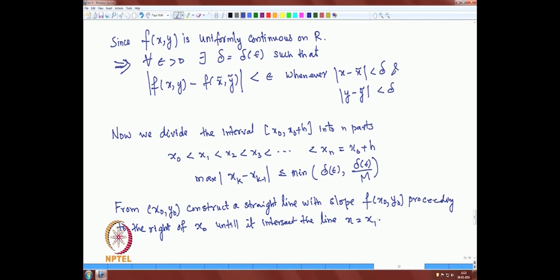Okay, so let this line intersect the line x equals x1 at some point, say the point (x1, y1). x1 is the point to the right of x0, and y1 is the point at which the straight line hits the line x equals x1.